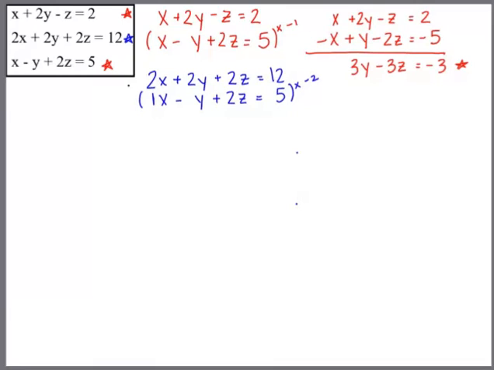That will give me -2x, a positive 2y, -4z, and -10.